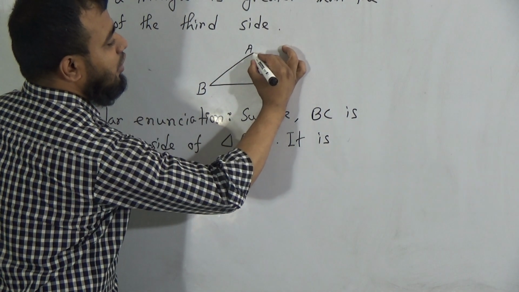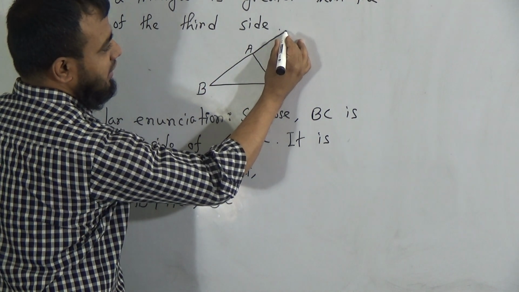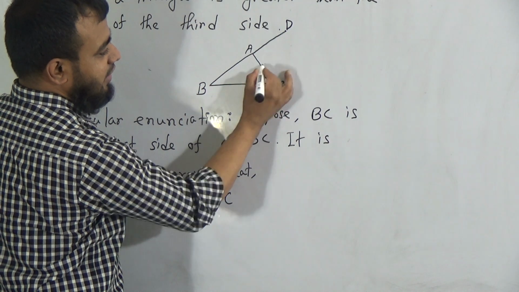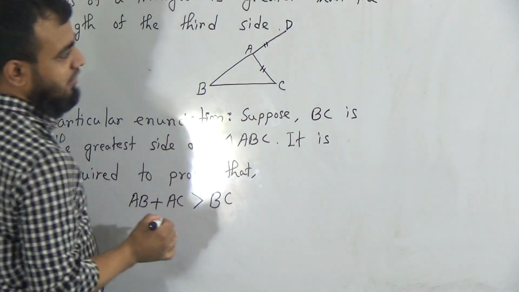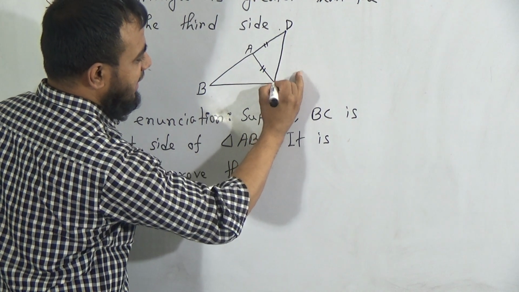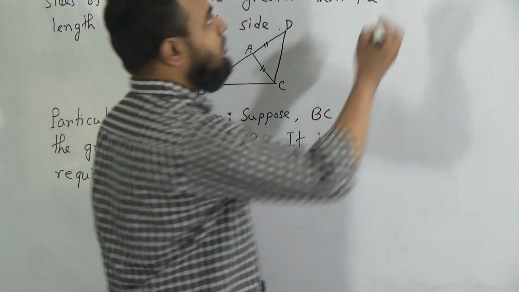In this figure we will extend the BA line up to D, such that AD is equal to AC. That means these two sides will be equal. And my dear students, we will join the points D and C. This is our construction. So write down the construction.